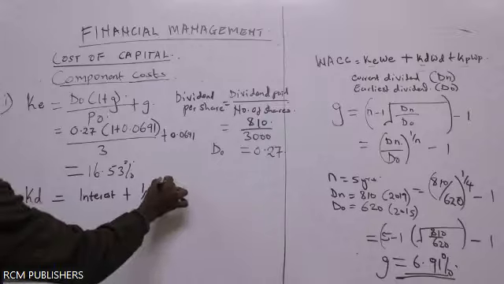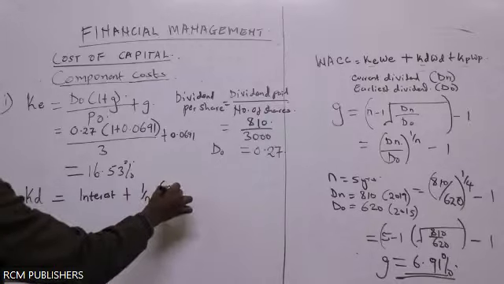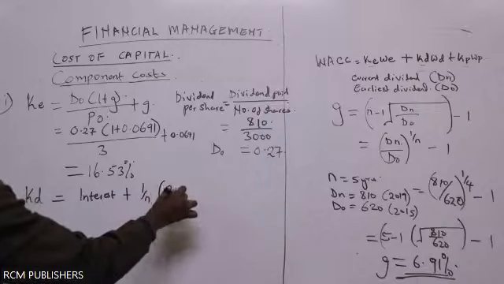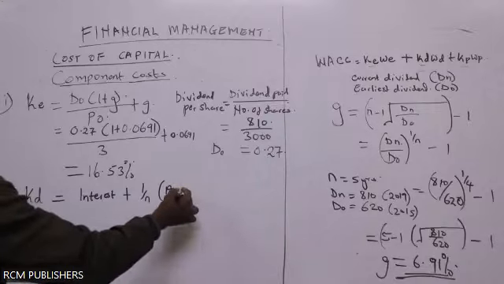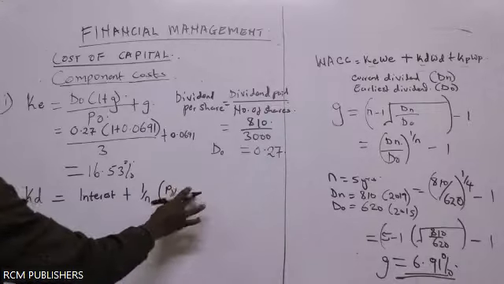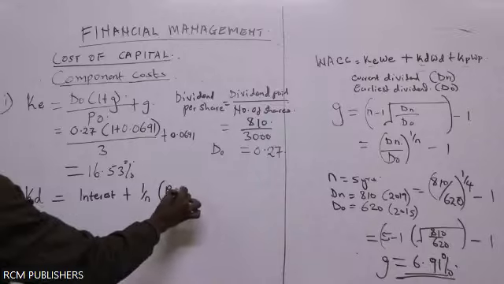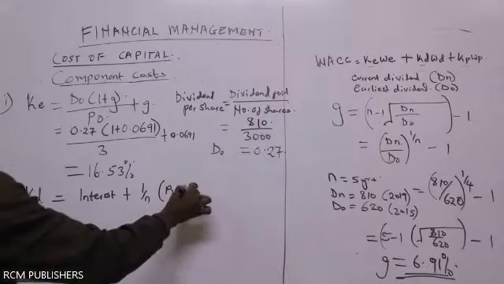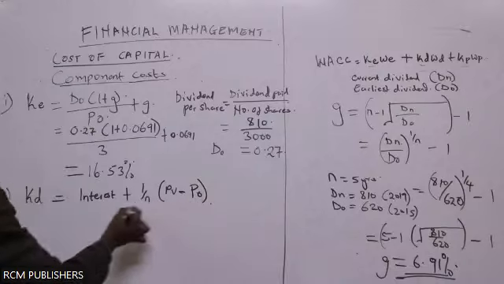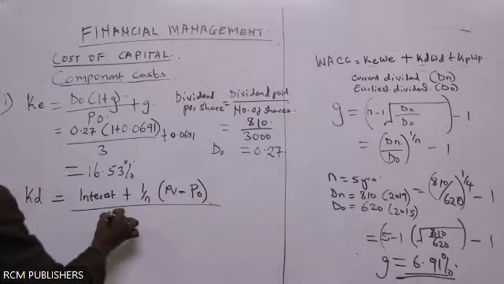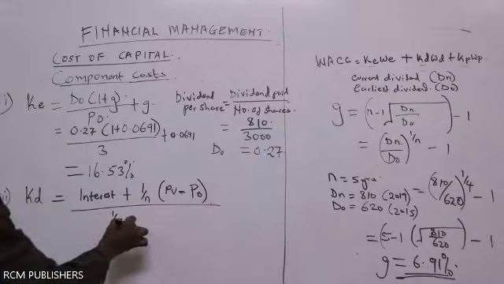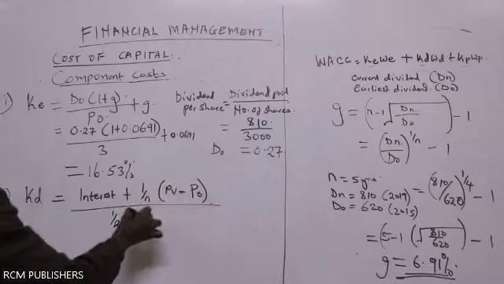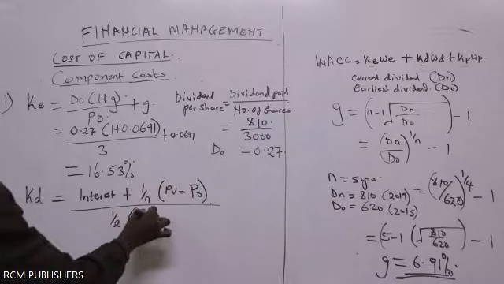Then this one you can multiply by either the market value or the par value, and then you divide by a half of these two. This is value.